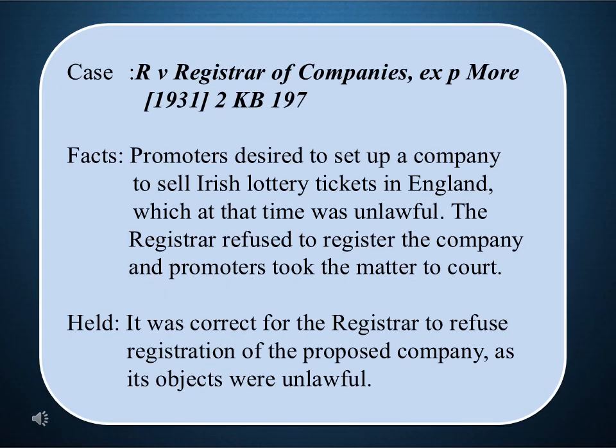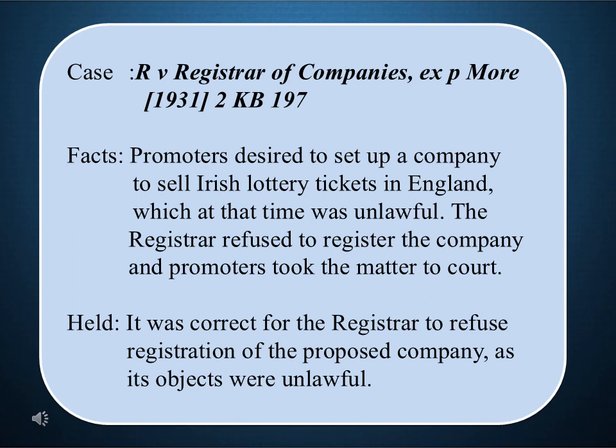Now, perhaps we can look at this case. R v Registrar of Companies, ex parte Moore, reported in 1931, Volume 2, King's Bench, page 197. In this case, the promoters desired to set up a company to sell lottery tickets in England, which at that particular time was unlawful, compared to the situation now in England where it is no longer unlawful.